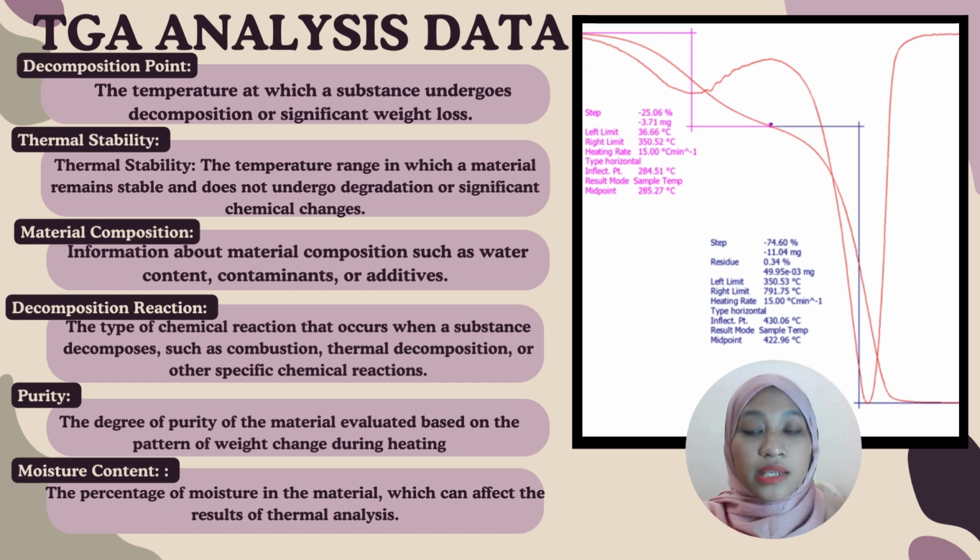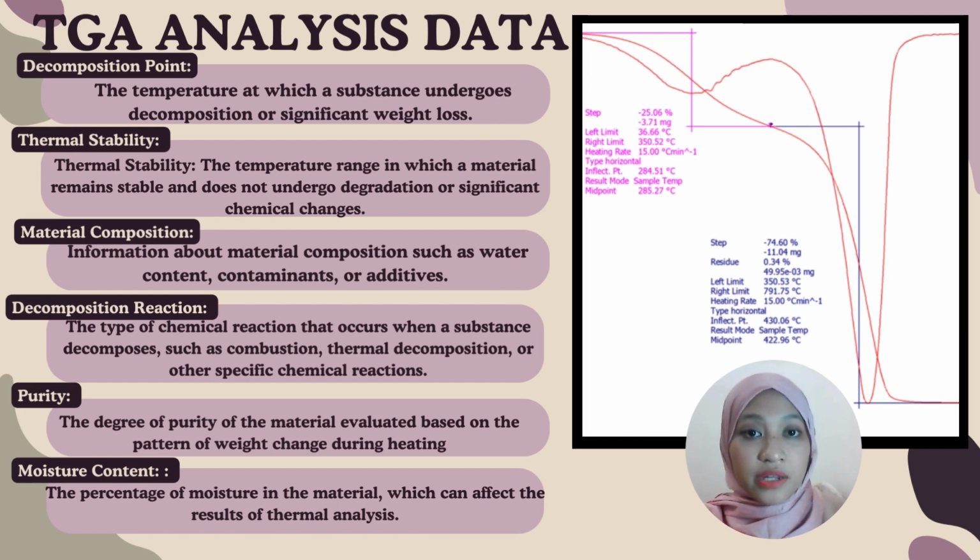The temperature range in which the material remains stable, not significantly affected by degradation or chemical change, can be observed between the main peaks on the TGA graph or in places outside the significant levels of decomposition. And composition of materials: the weight loss pattern at a specific temperature is displayed on the TGA graph, which offers information about the material composition. At 350.52 degrees Celsius, for instance, a weight loss of 25.06% indicates that part of the organic material in the wax starts to break down at this temperature.